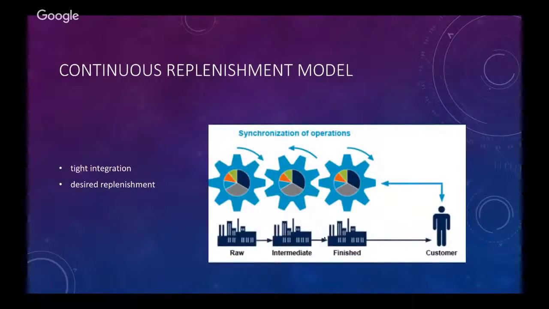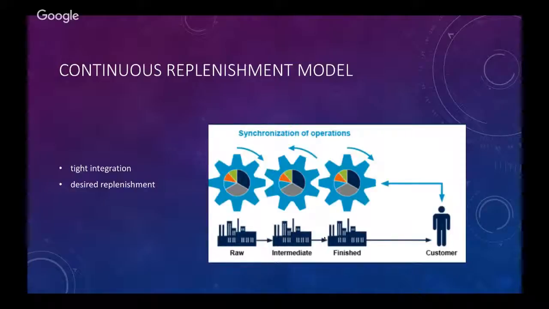The last one is the continuous replenishment model. The idea of the continuous replenishment supply chain model is to constantly replace the inventory by working closely with suppliers and intermediaries. However, if the replenishment process involves many shipments, the cost may be too high, causing the supply chain to collapse.